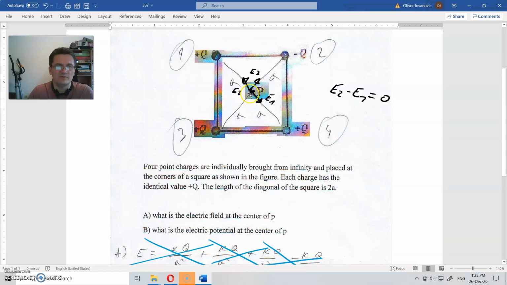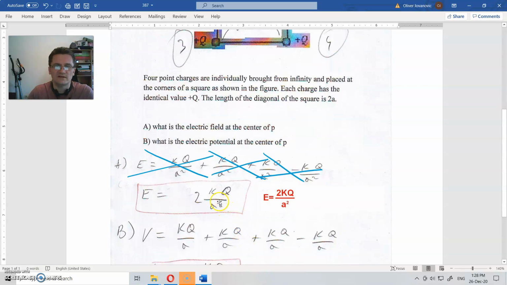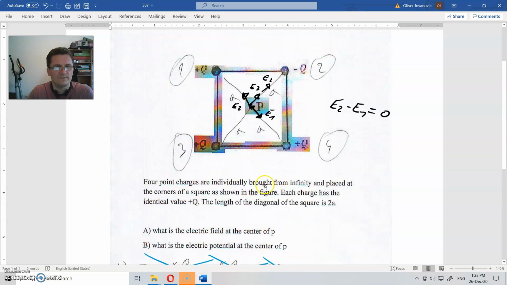Well, it will be the same in magnitude, and it is directed toward it. One more, identical, E2. So the overall electric field will just be 2 times KQ divided by a squared, because one of those is KQ divided by a squared.